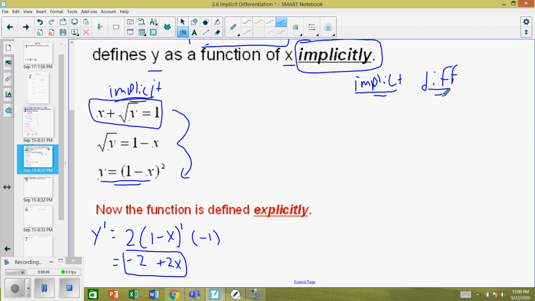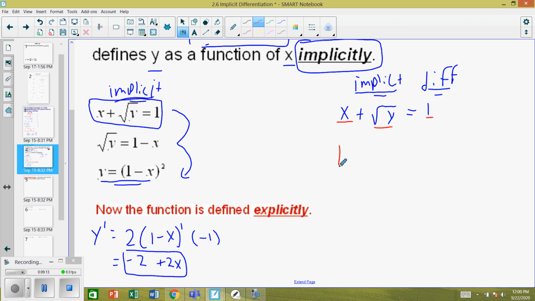Okay. So the equation is x plus the square root of y equals 1. Okay. If I ask you to take this derivative implicitly, it means that we're not having to get y by itself. Let me explain. We're going to take the derivative of each piece. Okay. The derivative of x we know is 1. That's fine.